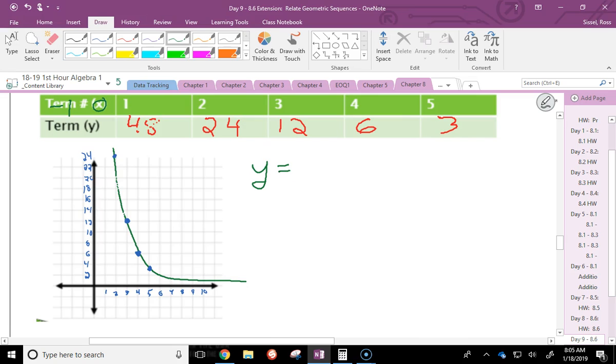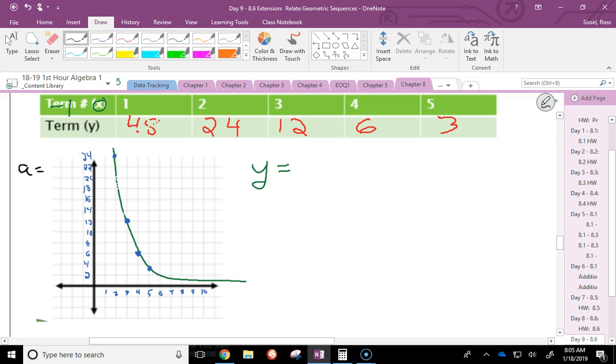Now the first part we have to know: is it arithmetic or geometric? Geometric, yep, because it divides by 2. Because for geometric, we're either multiplying or dividing for our rate. When we find our decay, we first have to identify what is A. So what would A be?